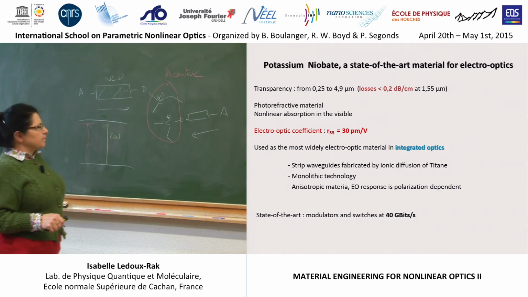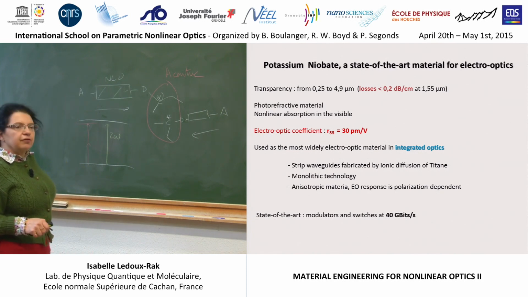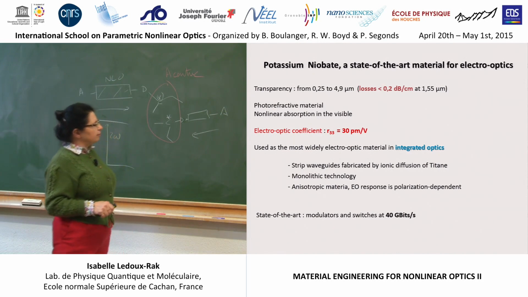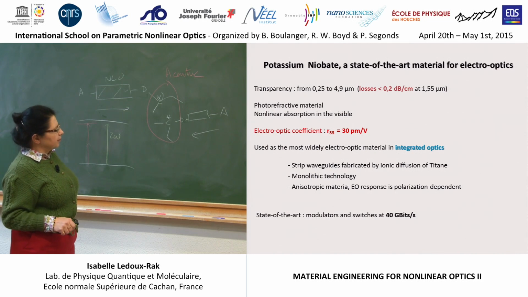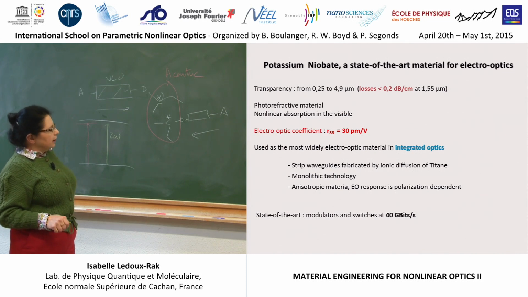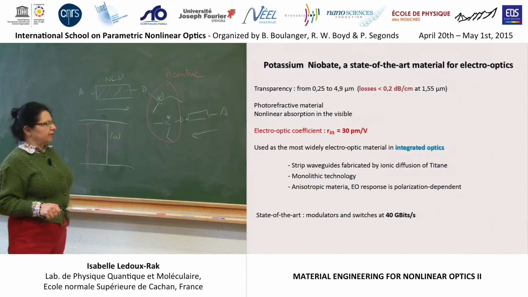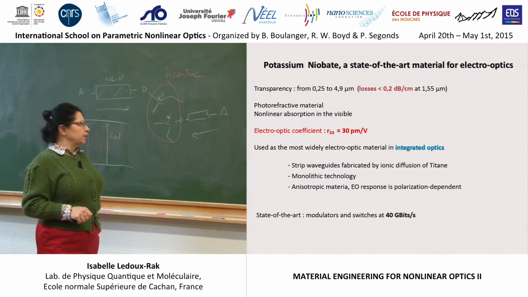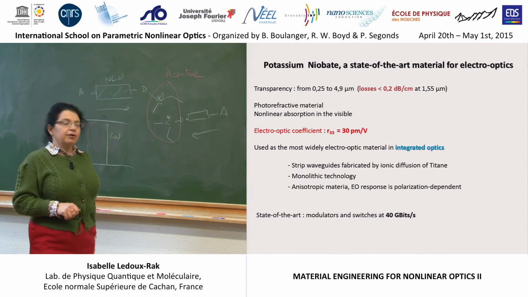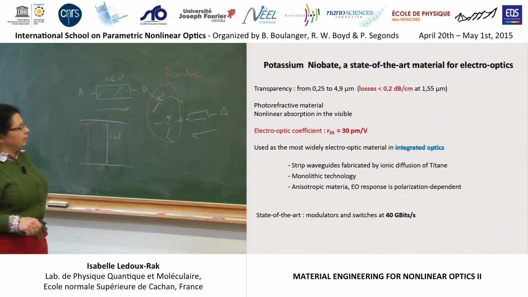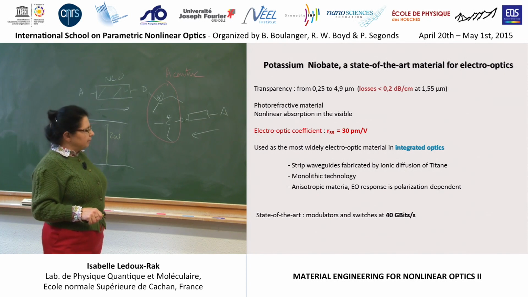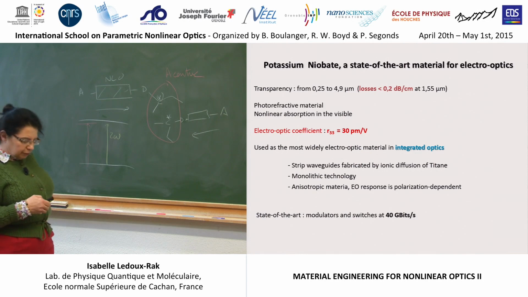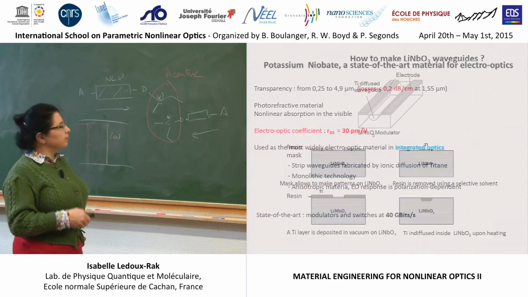This is the main electro-optic coefficient, but the effective one is not so high, though high enough to be used for commercial applications. And we shall see that the strip waveguides are made by diffusion of titanium, but it's a monolithic technology, so it's difficult to integrate directly on other devices. The material is anisotropic. And the state of the art is modulators at 40 gigabits per second.